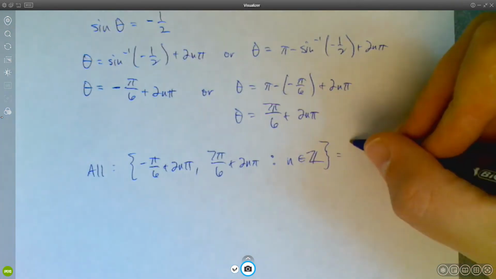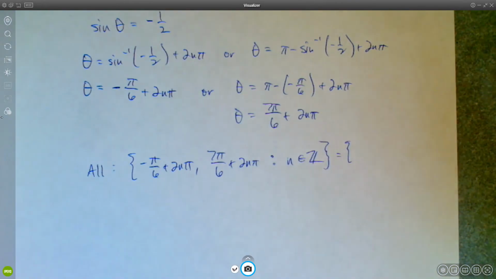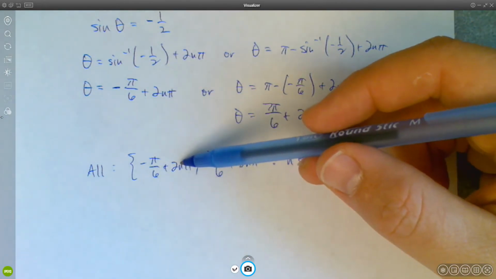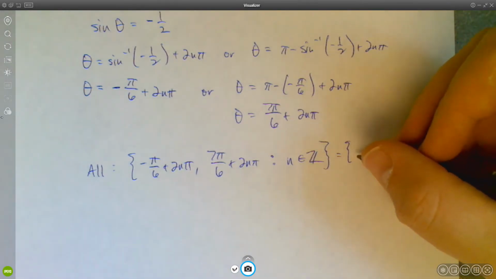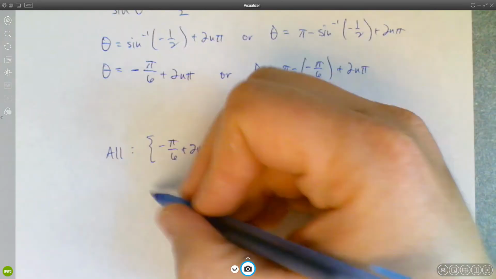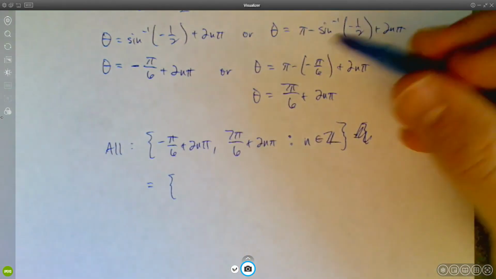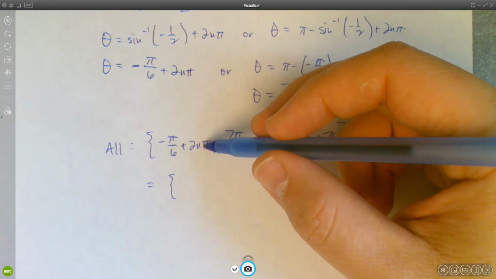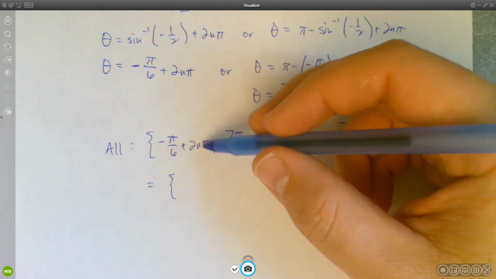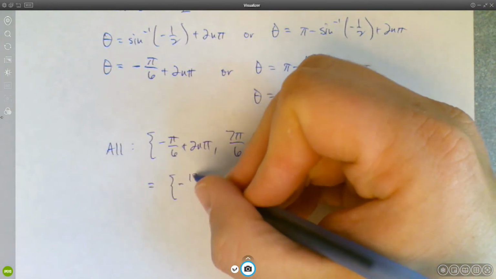If I deal with this first rule, and plug in -1 for n, 2 pi is 12pi/6, so -12pi/6 plus -pi/6 is -13pi/6.